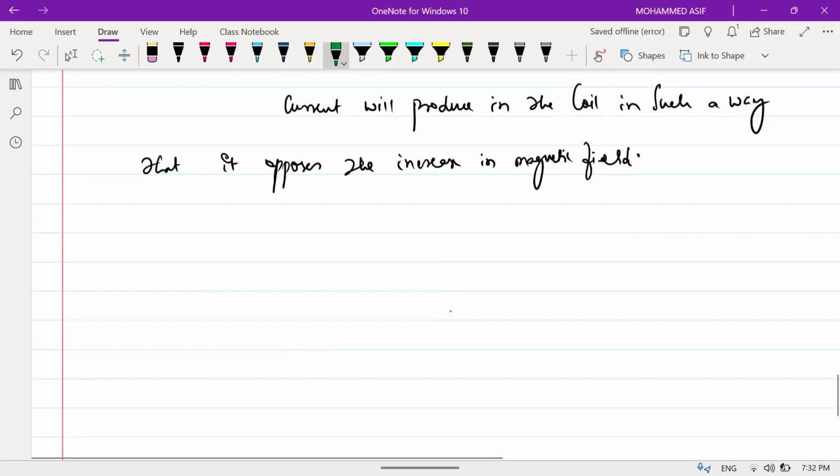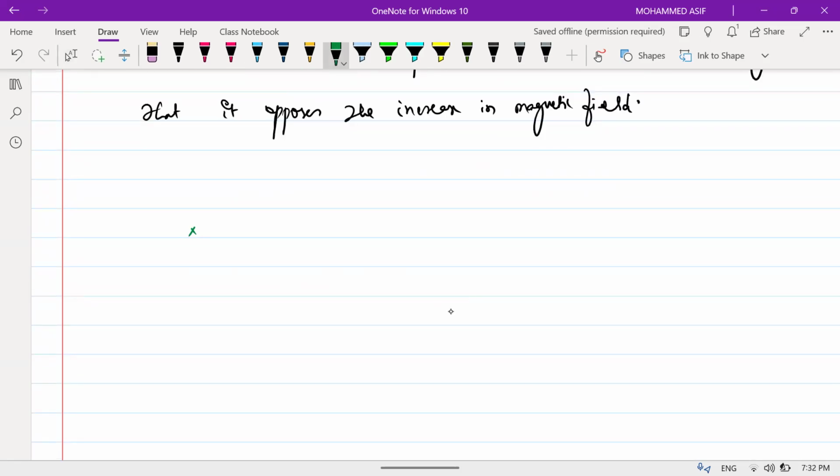Like you say, sir, you take like this. This is your magnetic field into the paper. And the magnetic field is decreasing. I'm keeping a coil in this one. Now current will be produced in the coil in such a way that it will not allow the magnetic field to decrease.